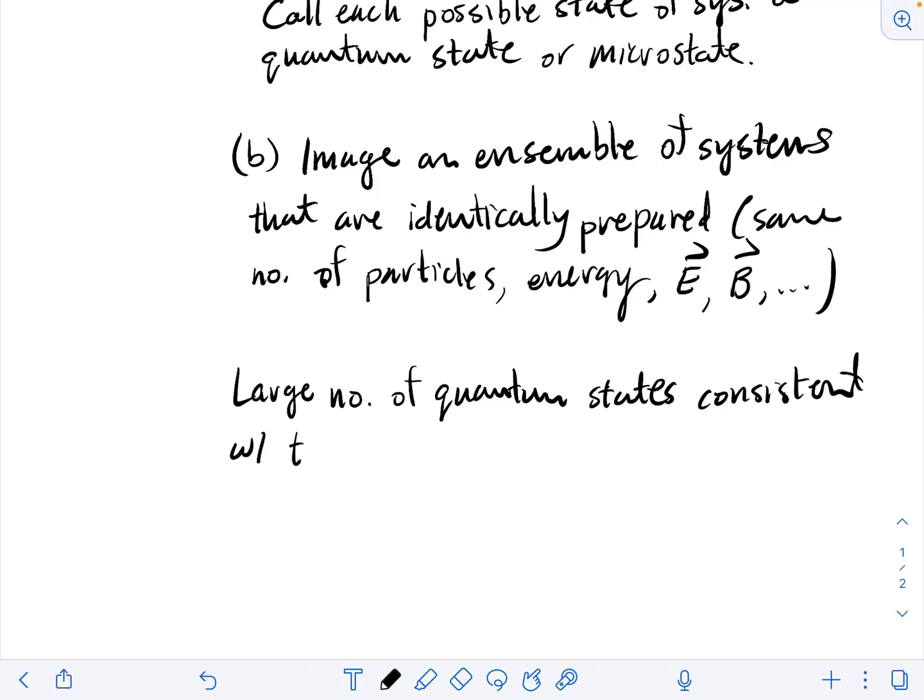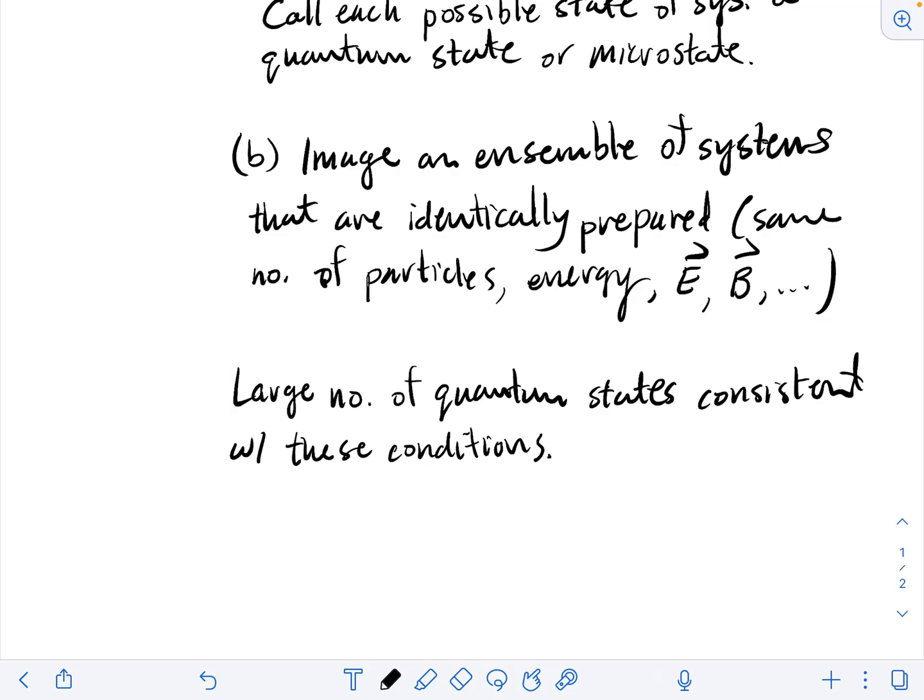with these conditions. If we look at each one of our jars containing the same type of gas with the same number of gas particles, all at the same temperature with the same internal energy, that doesn't mean every single particle in each of the jars is in the same position.